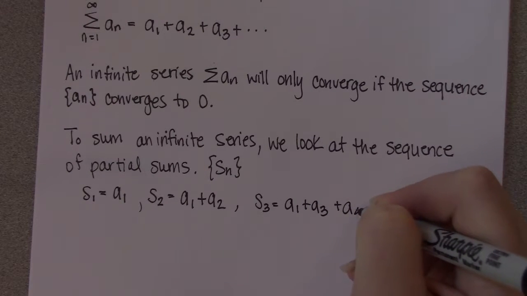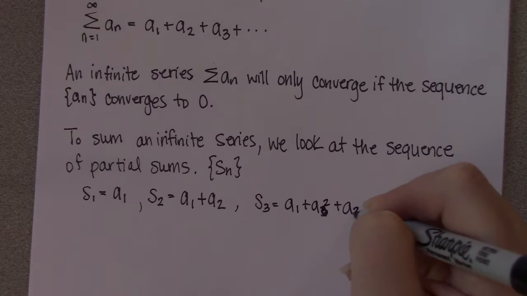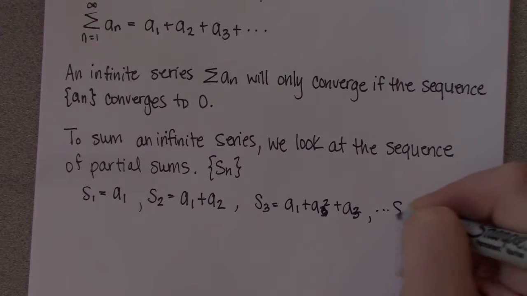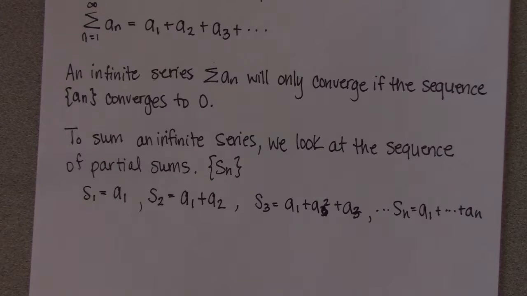S3 would be add up the first three terms. And then the nth partial sum is saying to add up the first n terms.